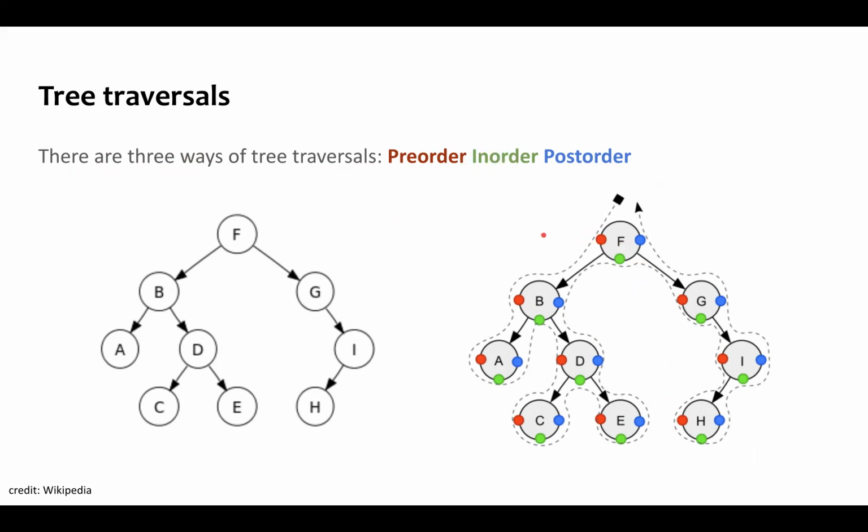In this case, we're going to visit the node when we're passing the bottom side of a node. And when it comes to post order, we're going to visit the node when we're passing the right side of the node. Okay, so you just need to remember pre, in, post. This is very simple. And the convention is we visit the left part first.